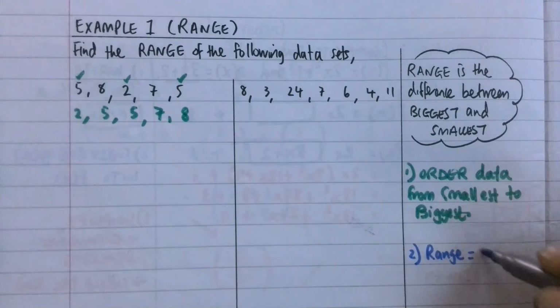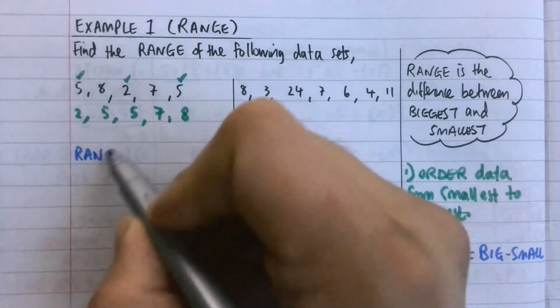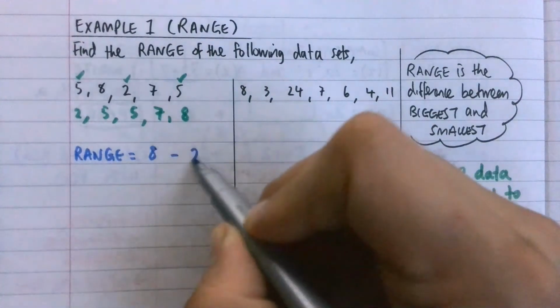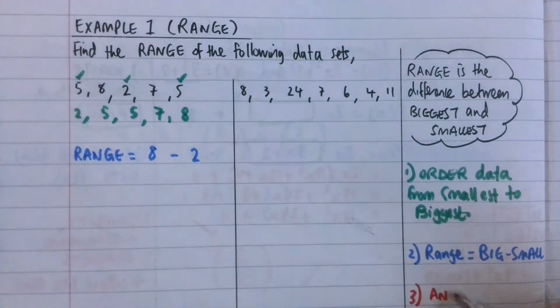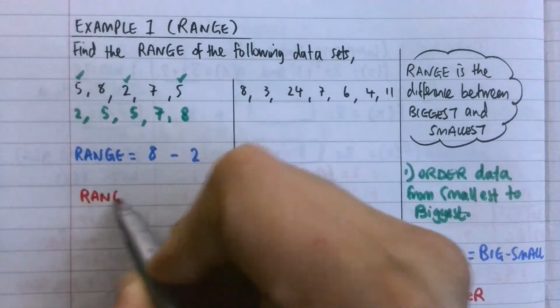So the range is the biggest minus the smallest, and I'm going to write that using the numbers in my workings out space. So range equals 8 minus 2, and the answer then is our last part. And the range is going to be 6. That first set of data.